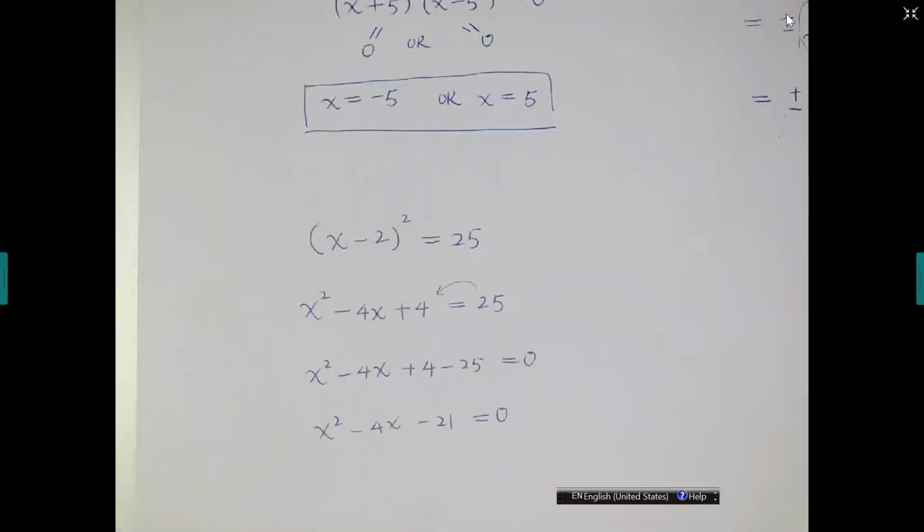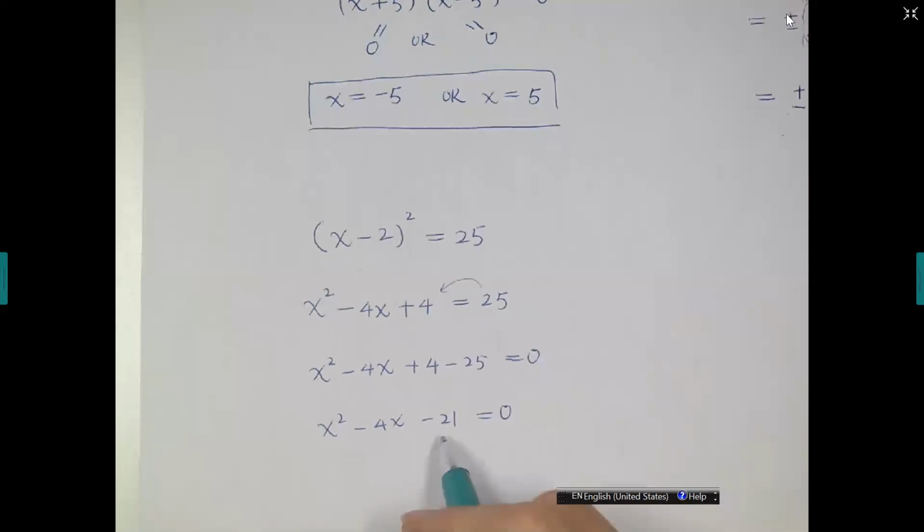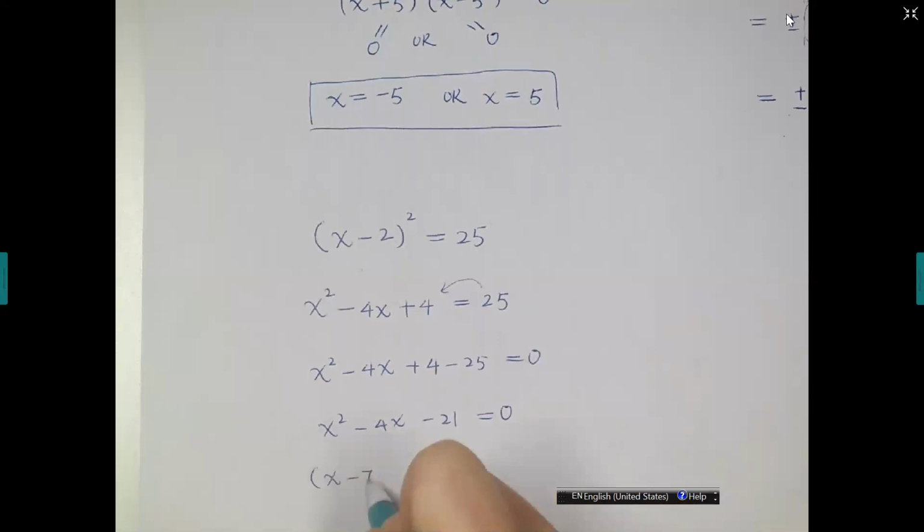Okay, then we see a trinomial on the left side of the equation. We try to factor it. 3, 7, we got 21. 3 and 7, we can get 4 here. So the two numbers we'll be using will be x minus 7 and x plus 3, because 3 times negative 7 is negative 21, and 3 plus negative 7 is negative 4.